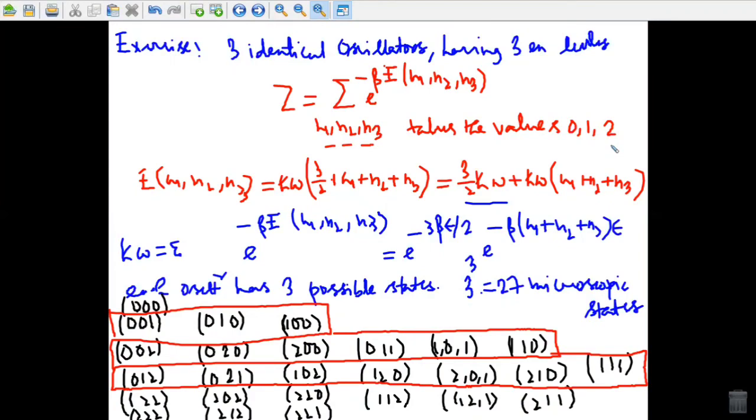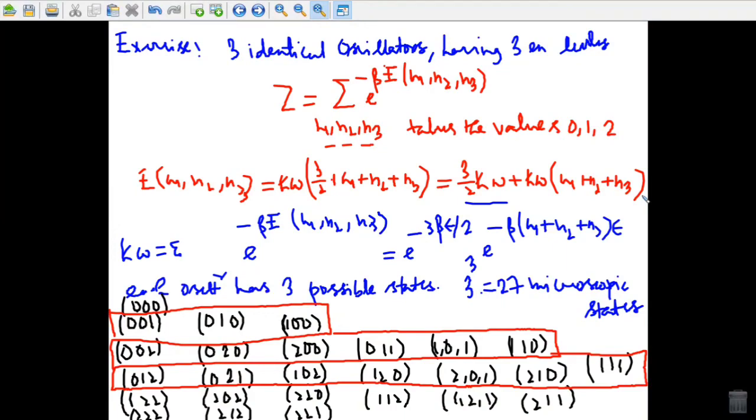Now the energy of a given state described by the triplet n1, n2 and n3, one can write E(n1, n2, n3) is equal to ħω (3/2 plus n1 plus n2 plus n3), that is, 3/2 ħω, which is common, plus ħω (n1 plus n2 plus n3).